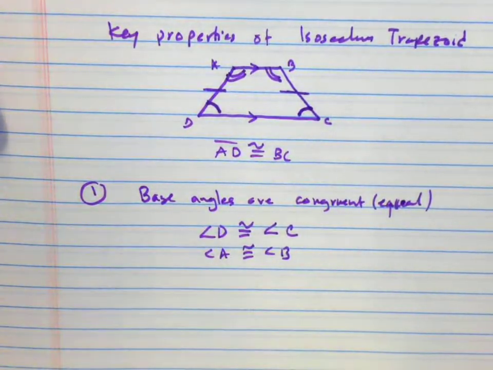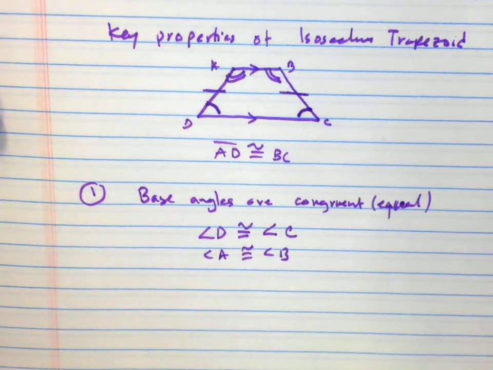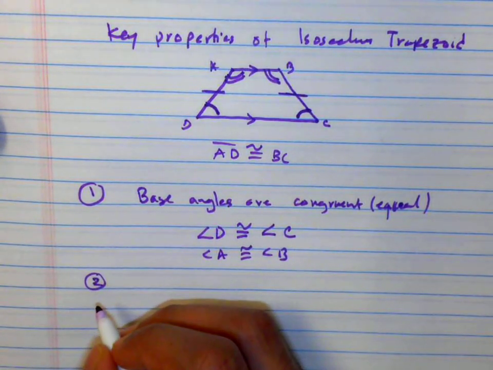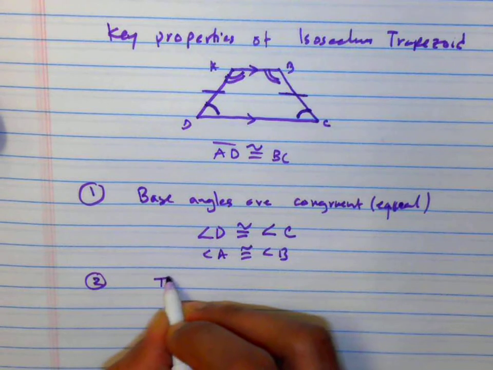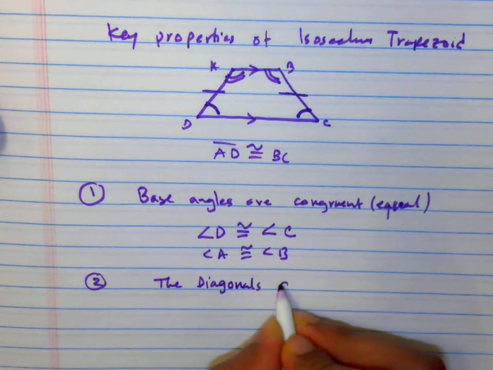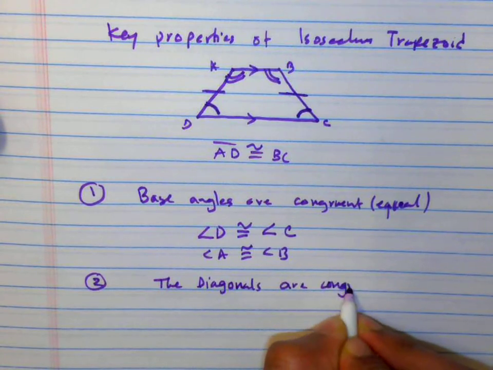Alright, the next one we want to look at is the diagonals. The diagonals are congruent.